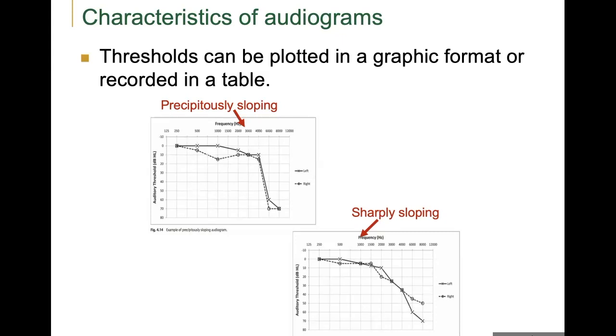Issues that pertain to the outer and middle ear will result in a conductive hearing loss. A conductive hearing loss is one that you can reverse. So if your ear is occluded with wax, you have a hearing loss. But if you remove that wax, you don't have a hearing loss anymore. You've removed the wax from the ear, your conductive hearing loss has been reversed, you have conductive hearing loss no more.